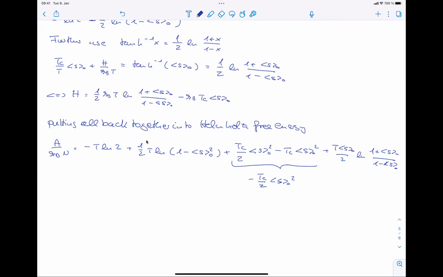Otherwise I have a closed expression expressing now the Helmholtz free energy just in terms of the magnetization. And in principle, I can now plot this function as a function of S and see, while I'm varying my temperature with respect to the critical temperature, what different behaviors do I get from the function?